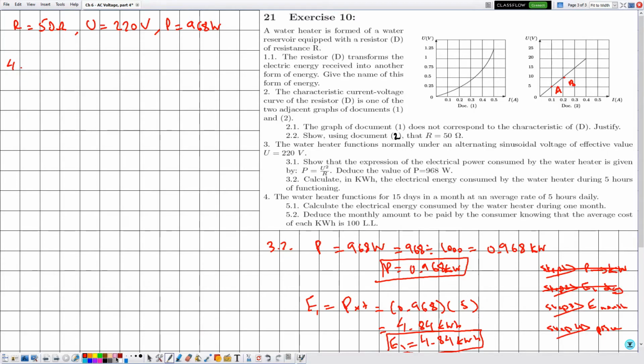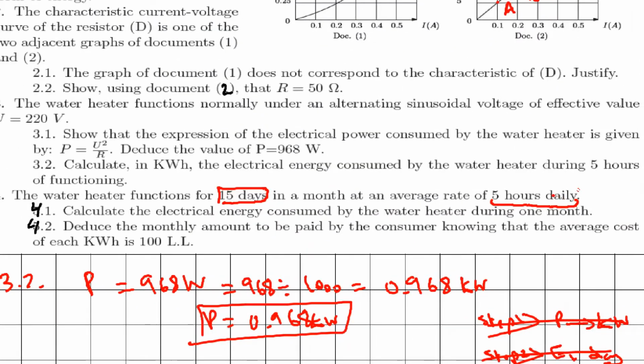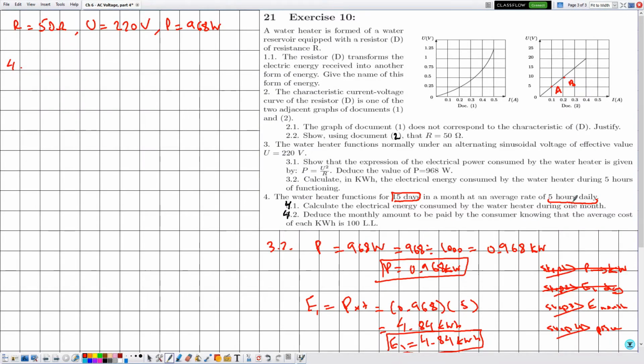So we are in part 4. This is given by 4.1 and 4.2. Calculate, so the water heater functions for 15 days in a month at an average rate of 5 hours daily. So 5 hours daily represent the number of hours for 1 day.